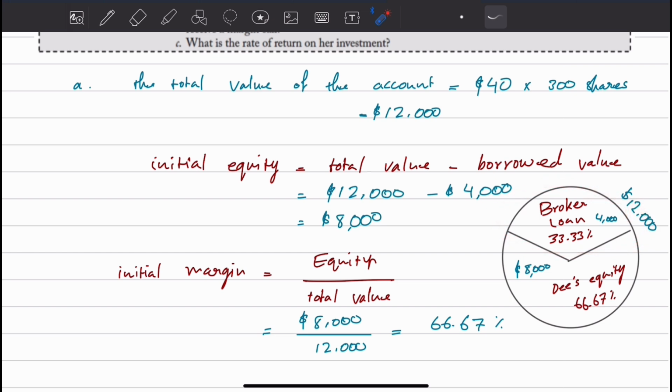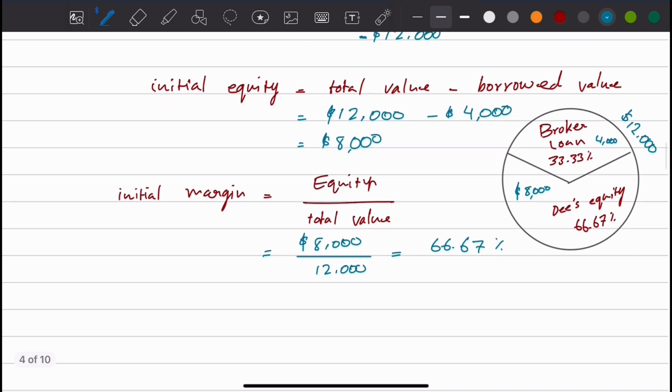Okay? So now, knowing that the share had dropped in price from $40 to $30, the first thing we need to do is to calculate the new total value of the account, right?